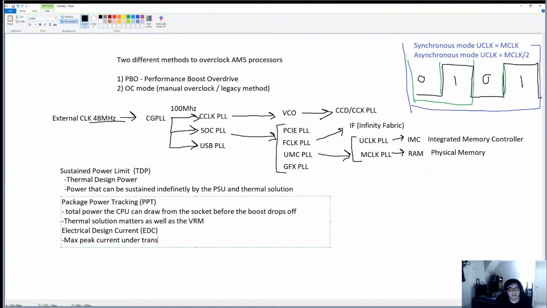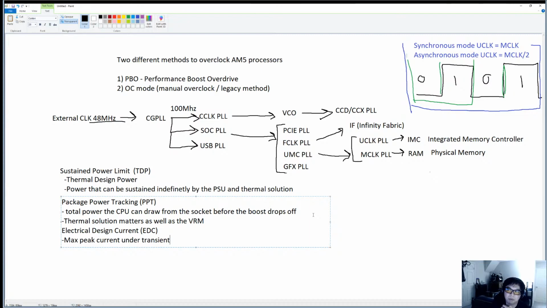Now, the key word here is transient, because just like with graphics cards, when we talk about transient voltage spikes or current spikes that cause OCP to trip and turn off the entire computer while gaming, we have seen this with lower quality PSUs, or not necessarily lower quality PSUs.